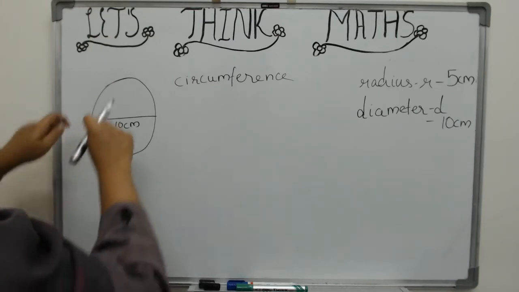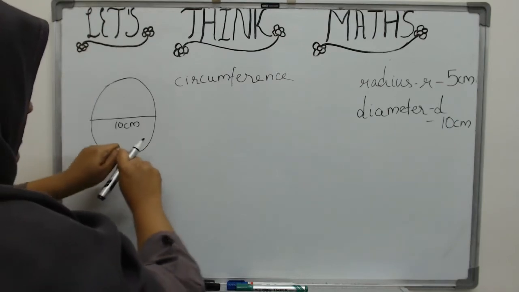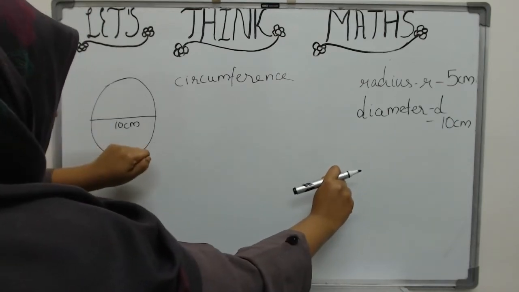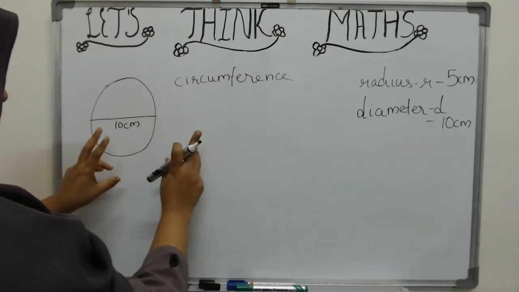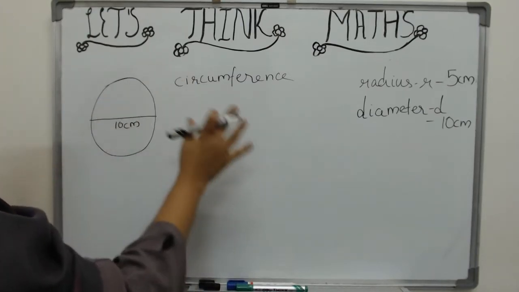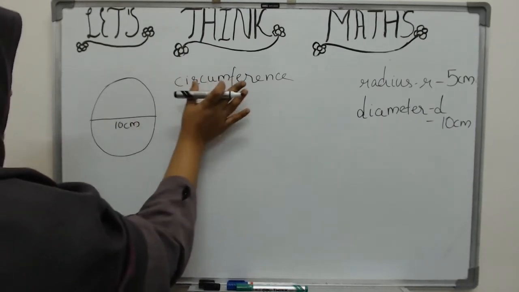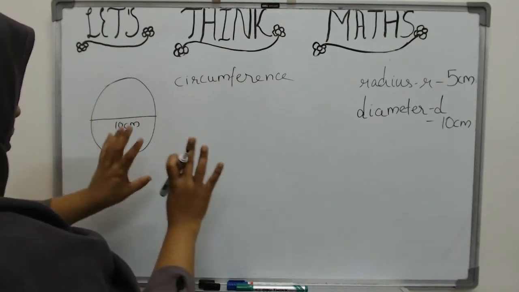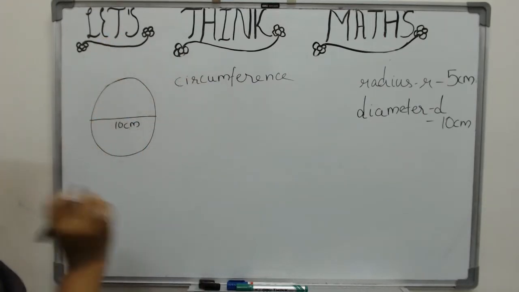If you take a string or a wire and bend it like this, and then you stretch it again and measure it with a scale, you will find that the circumference is approximately 3 times more than the diameter. So, if the diameter is 10 centimeter, the circumference is approximately 3 times more, which means it will be approximately 30 centimeter.